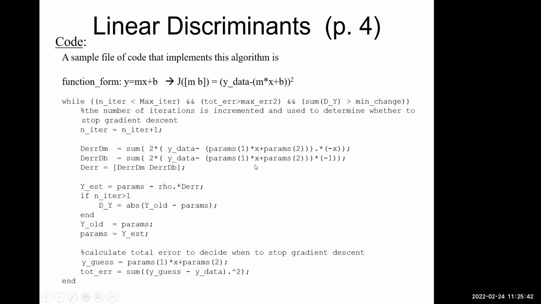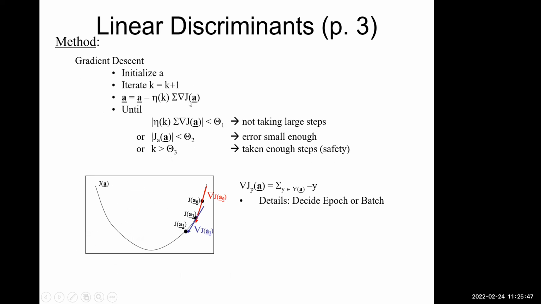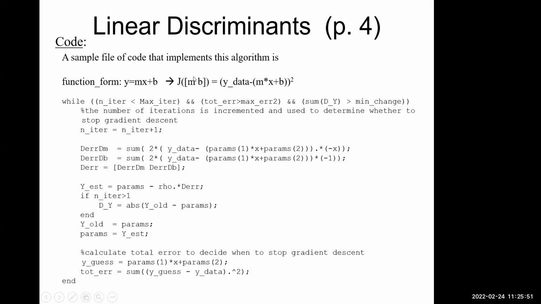Together, those 2 derivatives form our gradient with respect to the variables we're trying to optimize. We're trying to find M and B for the optimal line to fit our linear points, so our gradient is with respect to M and B. Our gradient is a 2-element vector because we have 2 elements we're trying to optimize.